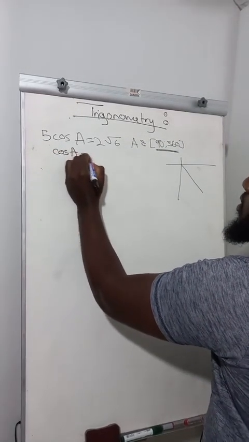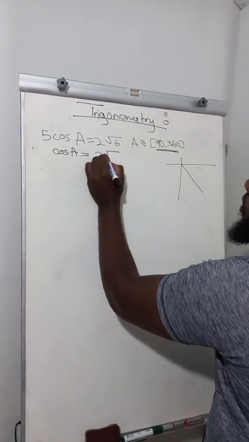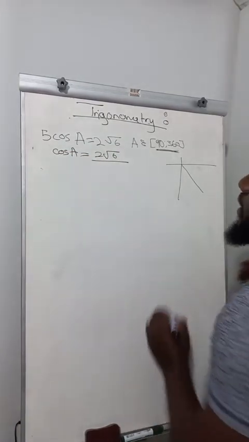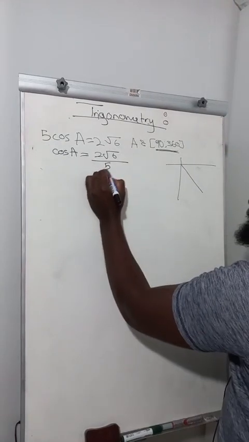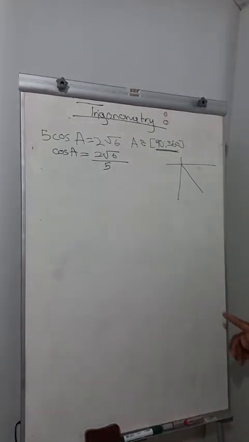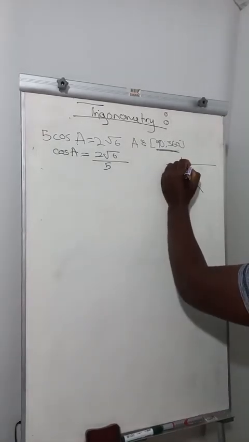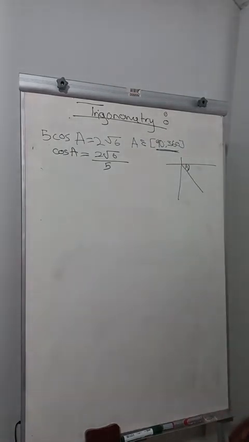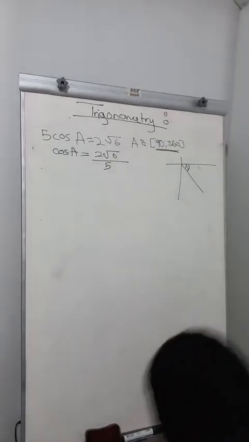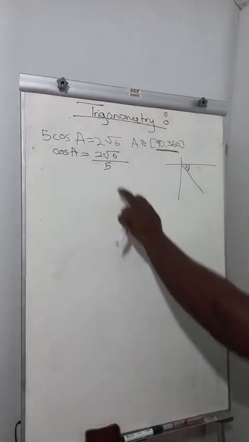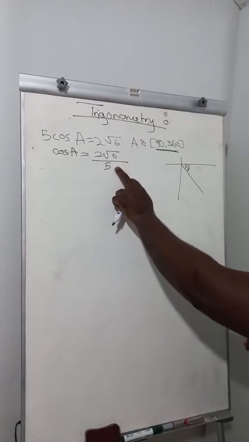Cos a is equal to 2 square root of 6 divided by 5. So what does this mean in terms of the drawing? This is angle A, and cos is adjacent over hypotenuse.